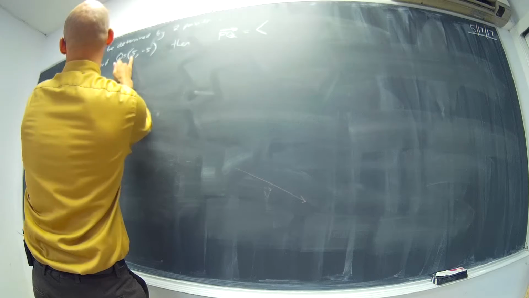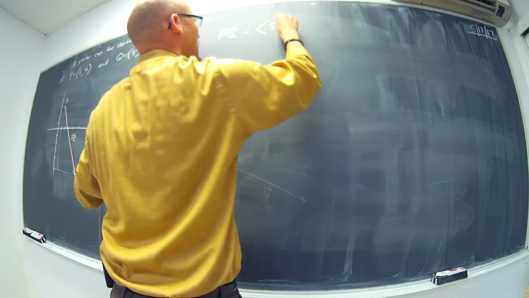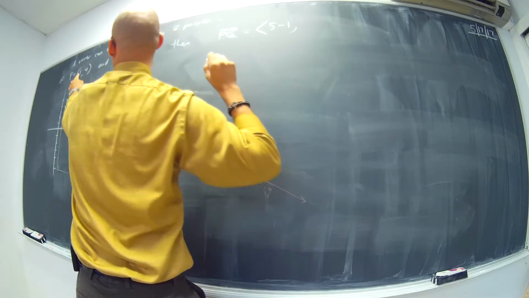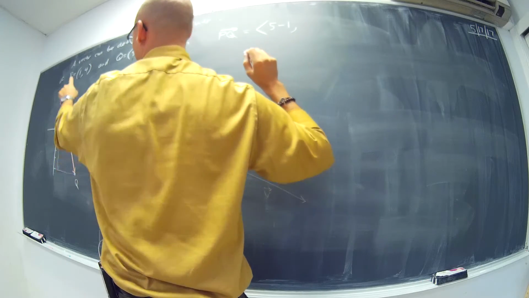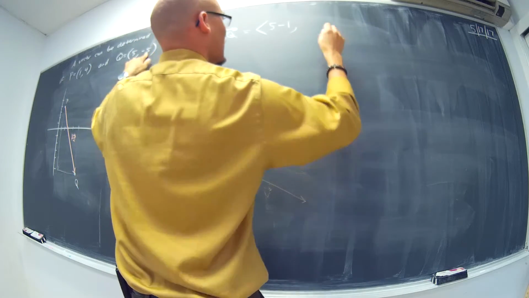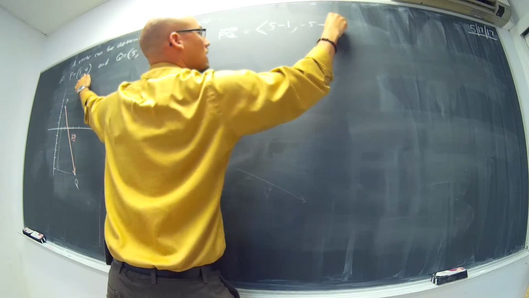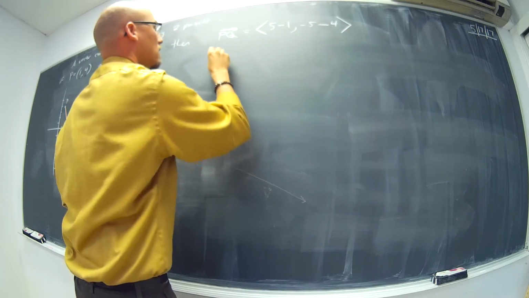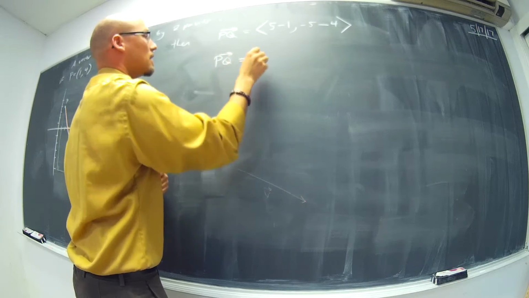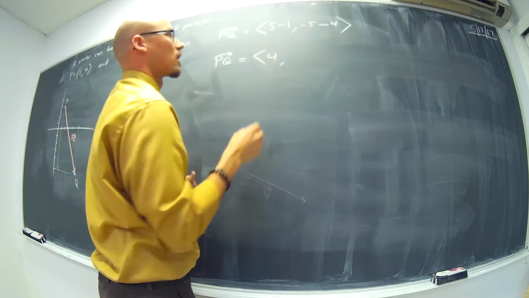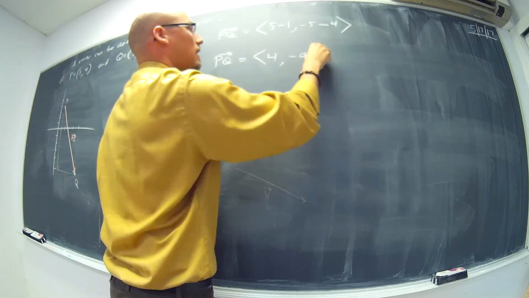I'm going to write it as 5 minus 1, so this guy minus this guy, comma, and then the difference of the y components, the last one minus the first one. And this is 4 comma negative 9.